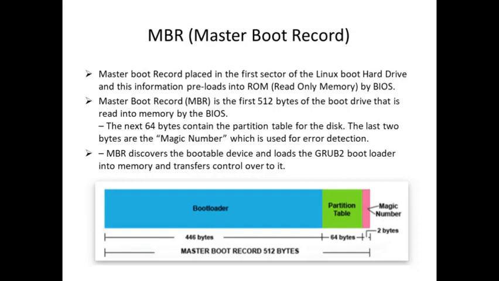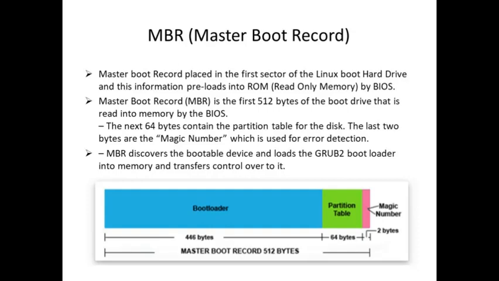If you look at this picture, out of 512 bytes, 446 bytes are occupied by the bootloader and 64 bytes are given to the partition table, and it is important that the partition table has an active partition, which is also called a healthy partition. Regarding the magic number, it has 2 options, that is yes or no. It will verify the devices, and if everything is fine, it will give a yes.